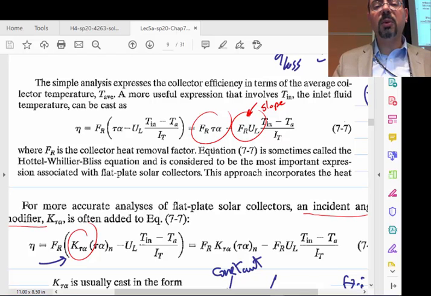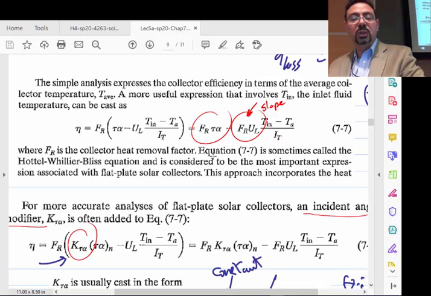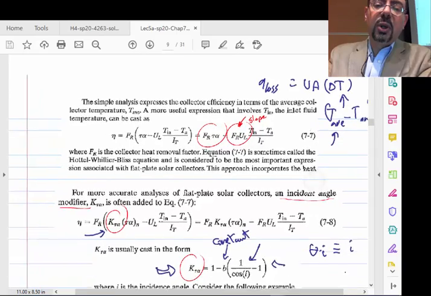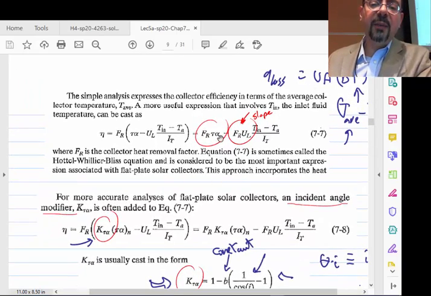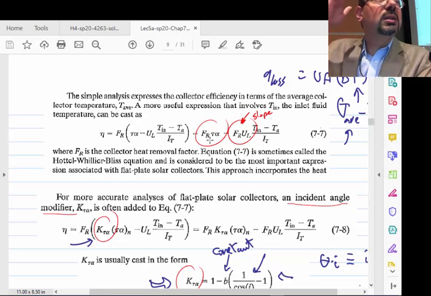Okay, let's remember what those numbers are. The tau and the alpha, this is the transmissivity and this is the absorptivity of the collector. So alpha is how much is absorbed, tau is how much the glass cover is allowing to go through.